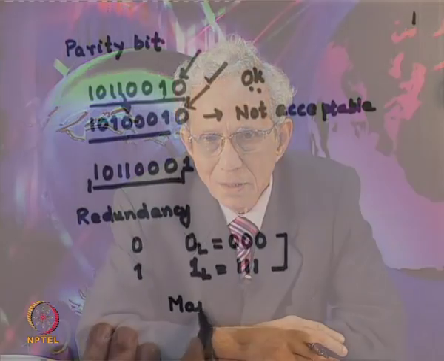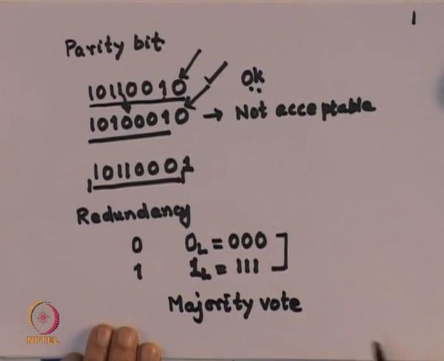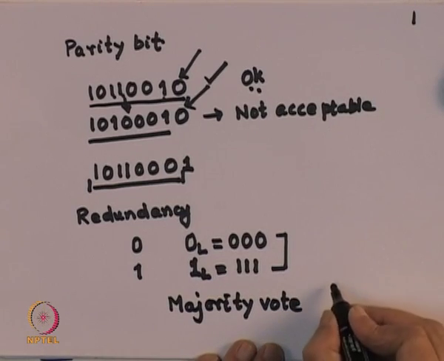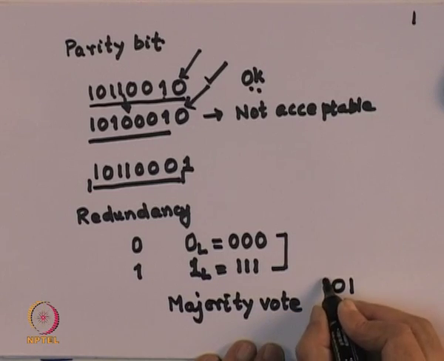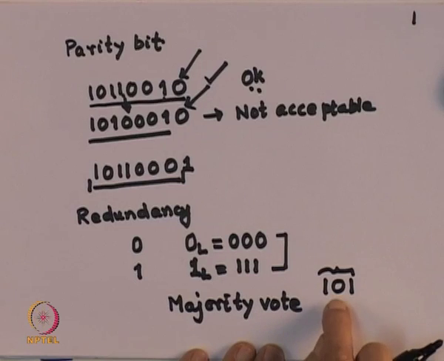If they are not, then an automatic corrective mechanism can be worked out by what we call a majority vote. This is a very simple minded procedure which says, supposing you received 0, 1, 1 or 1, 0, 1, then since this group did not have equal numbers of 1s and 0s, I look at the identity of the maximum number of bits, and in this case it happens to be 1.